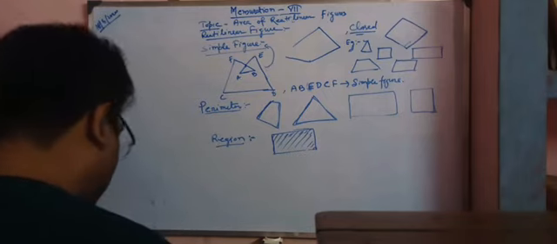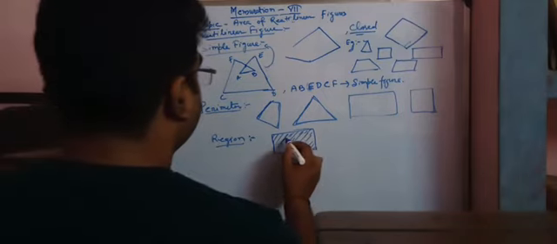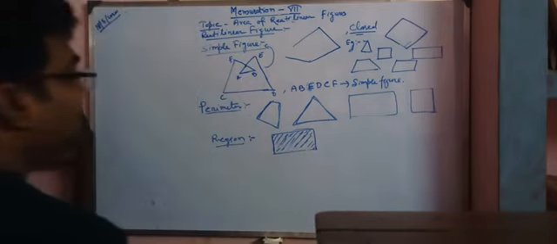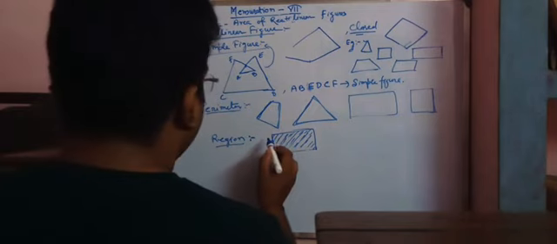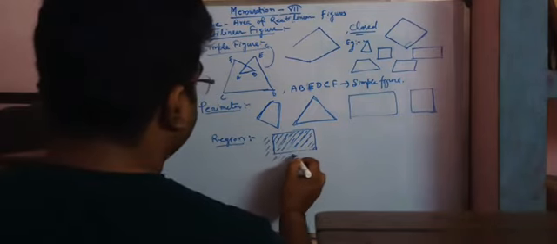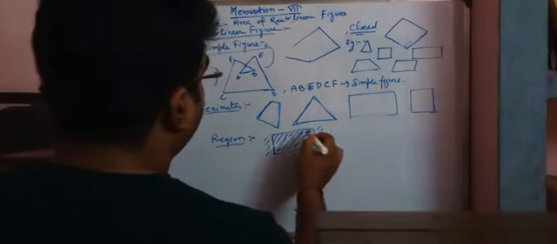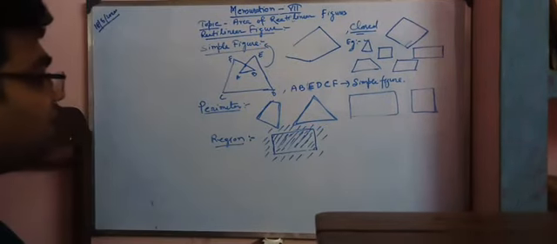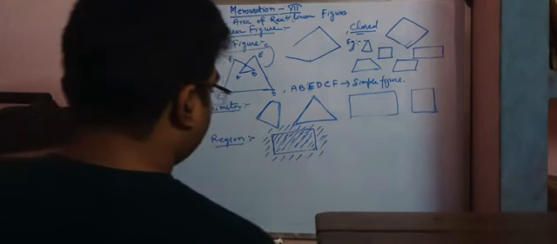You can see this in your book. Now the region is divided into two parts.